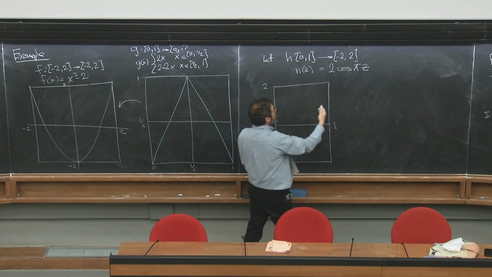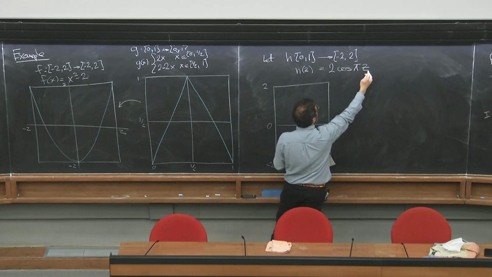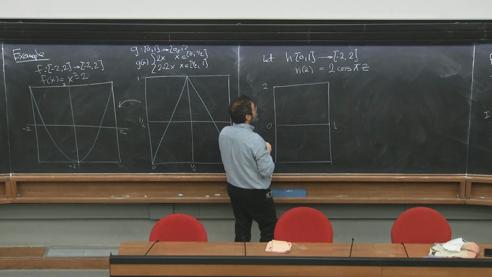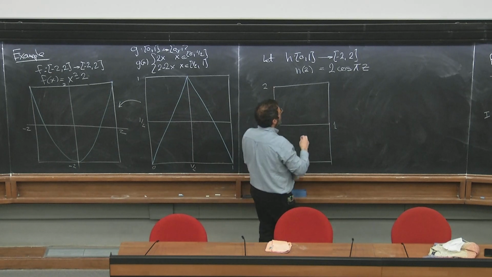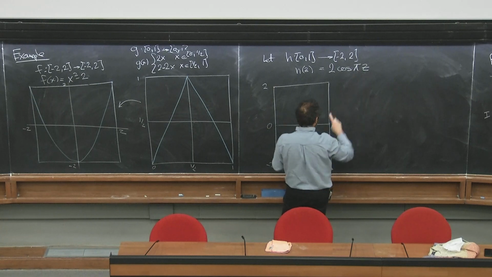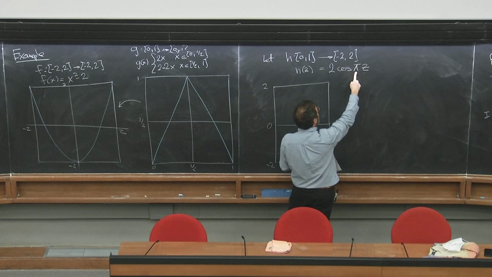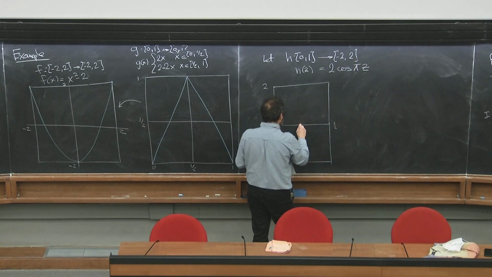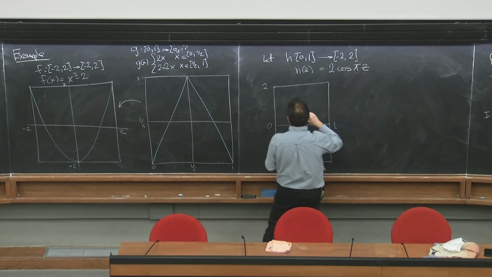So the cosine of 0 is 1, multiplied by 2 is 2. So this map is 2 here, right? And when z is equal to 1, this is like cosine pi, which is minus 1, times 2 is minus 2. In the middle, you have z equals 1/2, which is cosine pi over 2, which is 0.